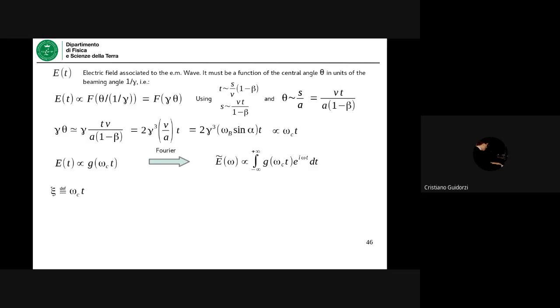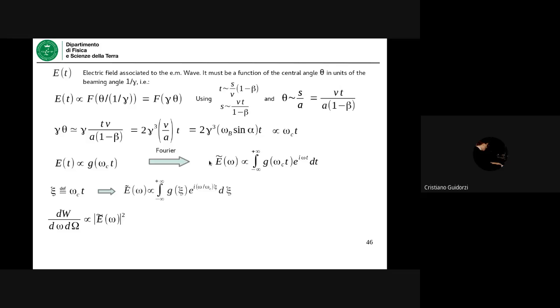So by changing variable, I define this new variable psi as this guy here. You immediately see that the dependence on omega, if you multiply and divide in the exponential argument by omega c, you immediately see that you have this guy here.